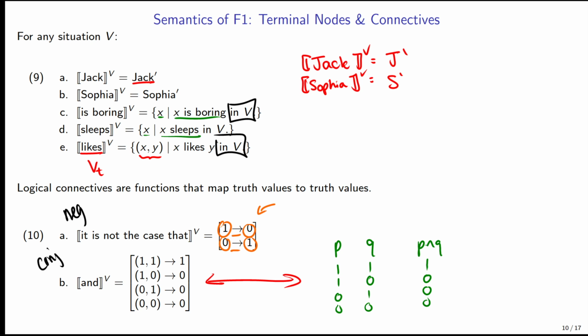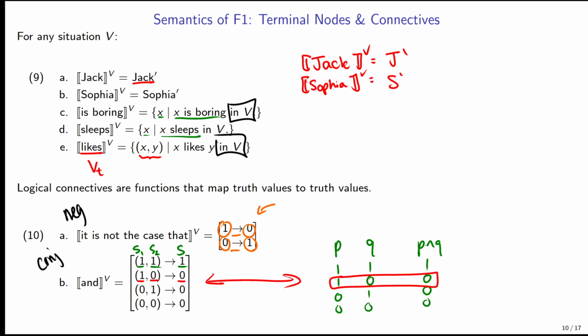It takes the first sentence, takes the second sentence, looks at both of those values, and then pumps out the value for the entire sentence. So if P and Q are both 1, then the conjunction of those is true. If sentence 1 is 1 but sentence 2 is 0, then the conjunction is 0 because only one of those is true. And that would represent this second row in our truth table.